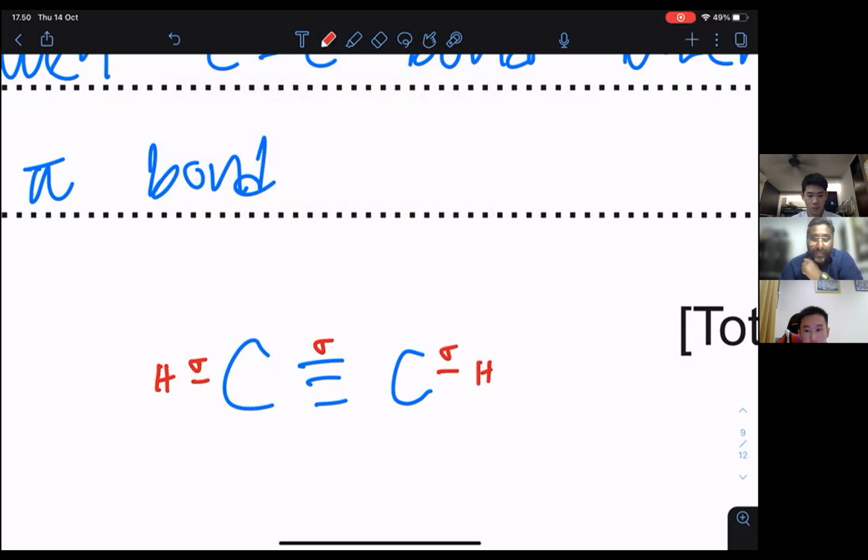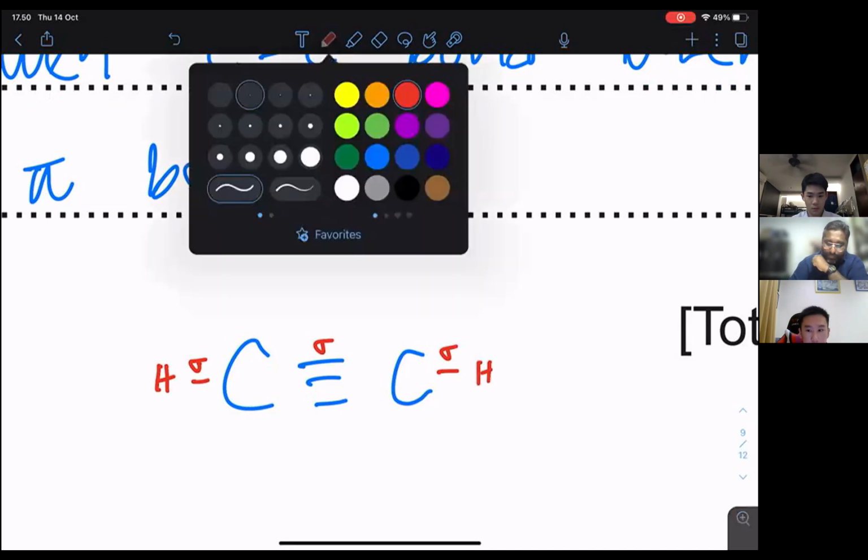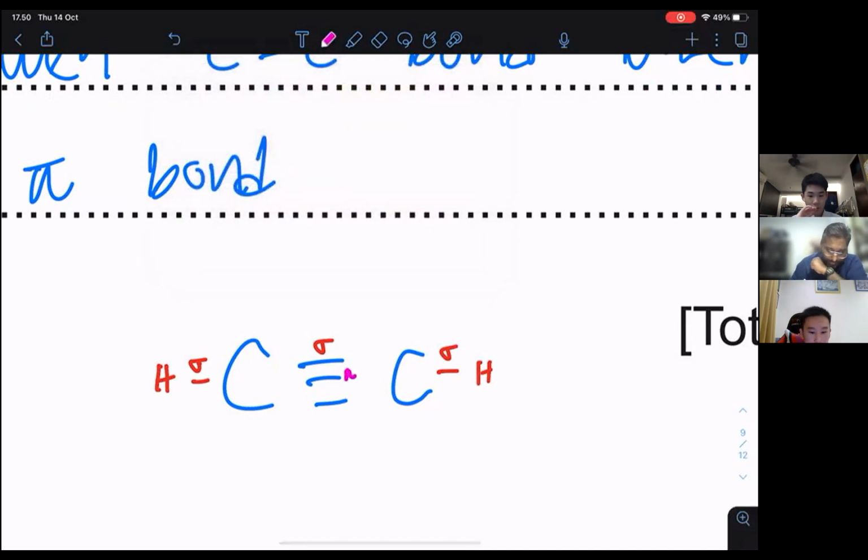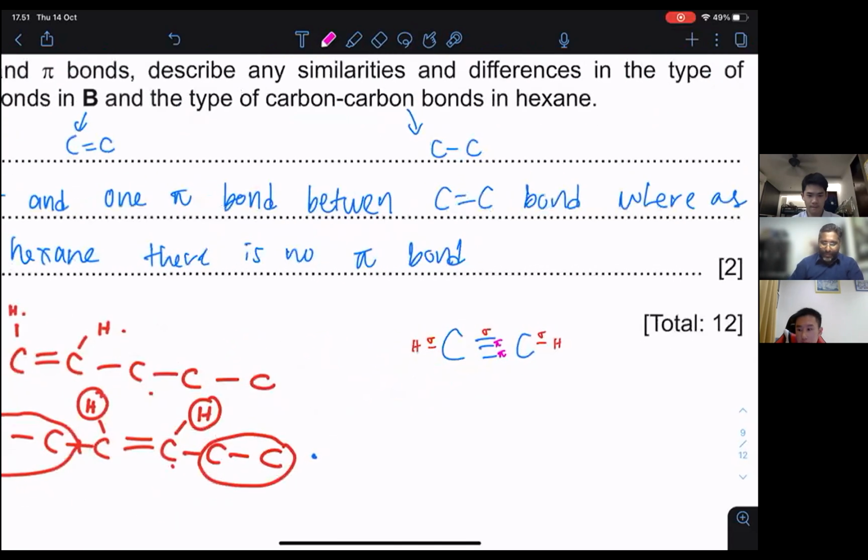The remaining ones will be what we call pi bond. This is pi, this is pi, so in this case there are two pi bonds. Please remember this: sigma is only one. You can say that between one atom and another atom there is only one sigma. That is going to be the explanation.